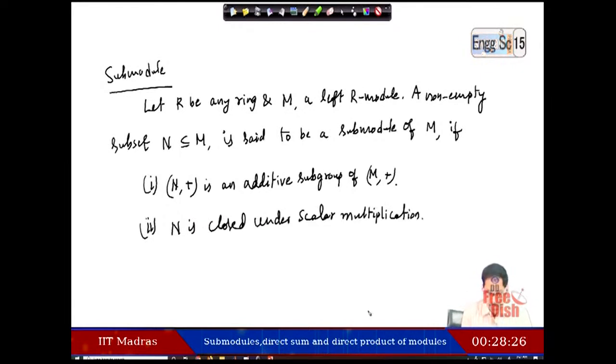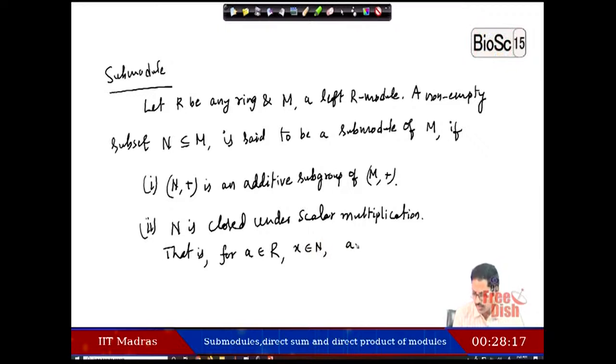That is, for a belonging to R and for any x belonging to N, ax, the scalar multiple, belongs to N itself.